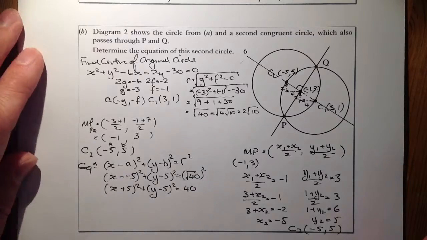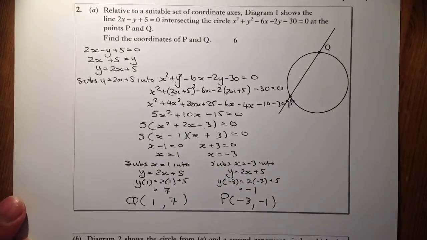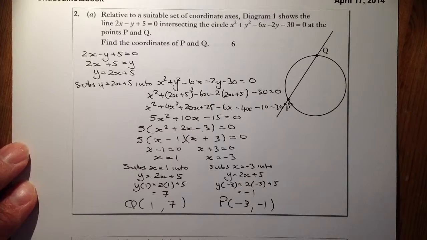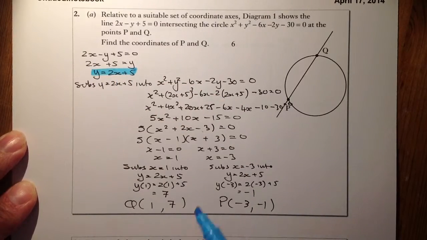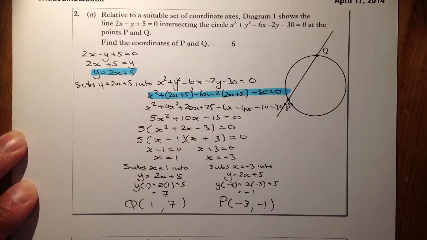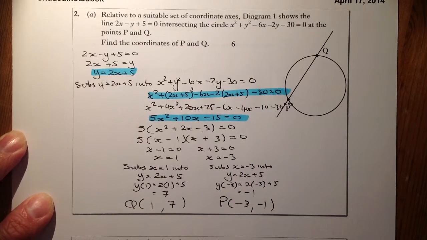Right, let's see how we're going to get this one marked up. We've got quite a lot of marks coming out here. We've got 12 marks in total for this question. Right, so first mark will be for rearranging the straight line equation into that form there. So there's one. A mark for substituting that into the circle equation. A mark for gathering that all up together into a trinomial form.